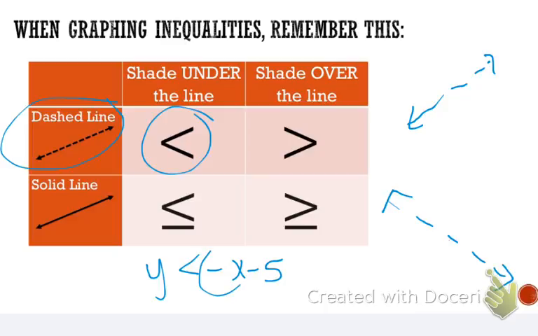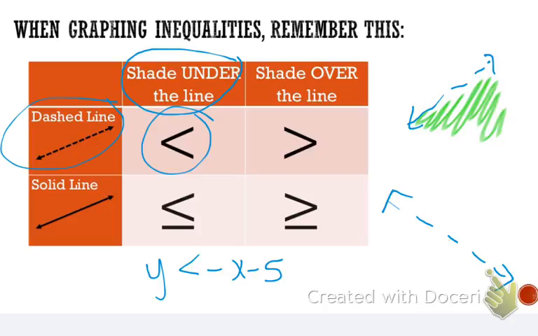For this example, it would be negative because we have a negative slope. And you're going to shade under the line. So anything below the line gets shaded. That's below, under the line.